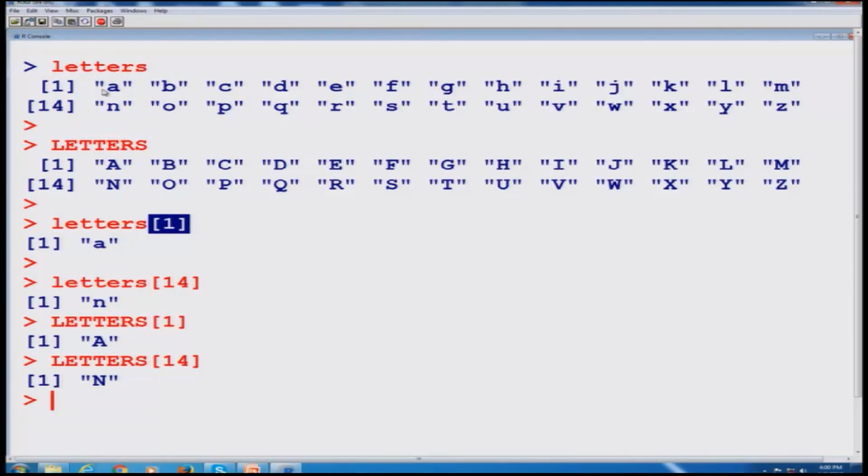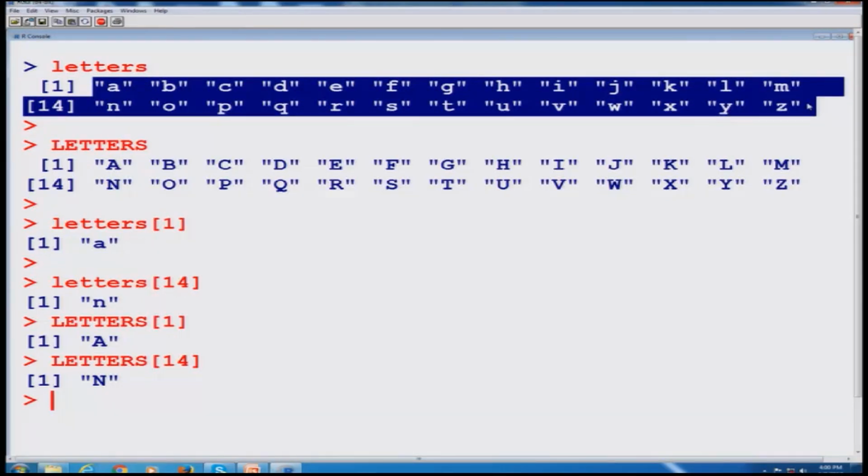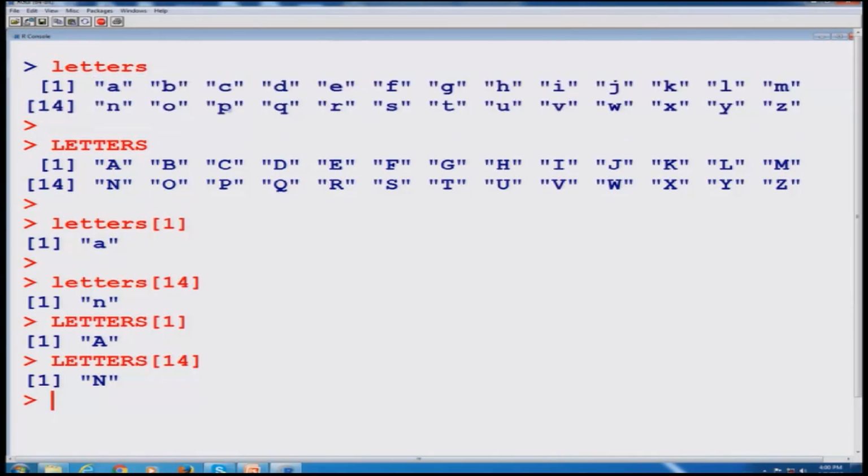And when I see these sequences of letters, I can say here that the first letter which I am highlighting here, A, is in the first position, second letter B is in the second position, third letter C is in the third position, and so on.